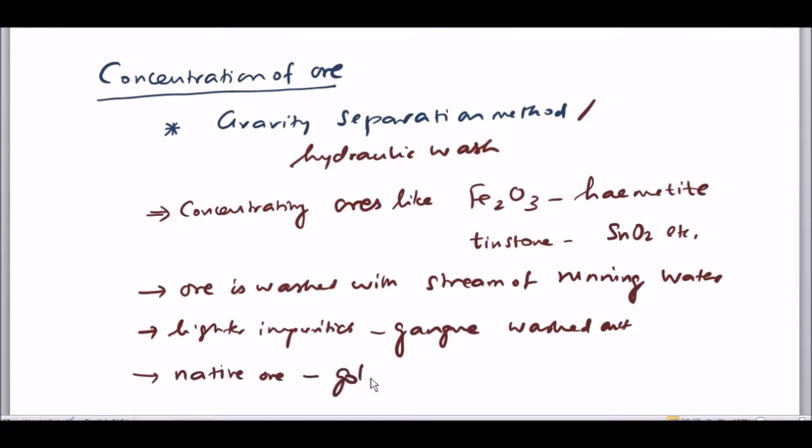For example, gold is in free state, native state. It is not going to combine with any other metal. The metallic impurities are not available in the gold ore, and hence it is called native ore. So the gold ore can be concentrated by this particular procedure called the gravity separation process.